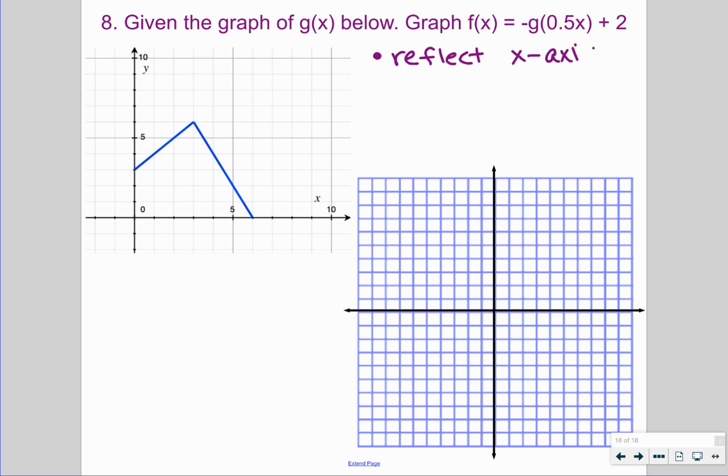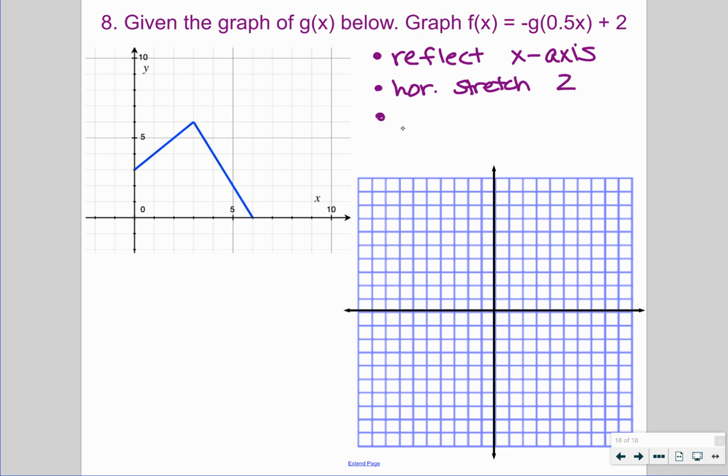Okay, good. What does that 0.5 or 1/2 inside do? Stretch, which way? Horizontal, stretch by how much? Not 0.5. This is a reciprocal, so 1/2. The reciprocal of that is 2.